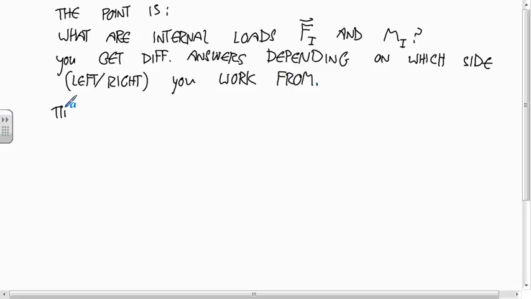The solution to this problem, because it is a problem, we want there to be a specific internal load that we calculate no matter how we calculate it.